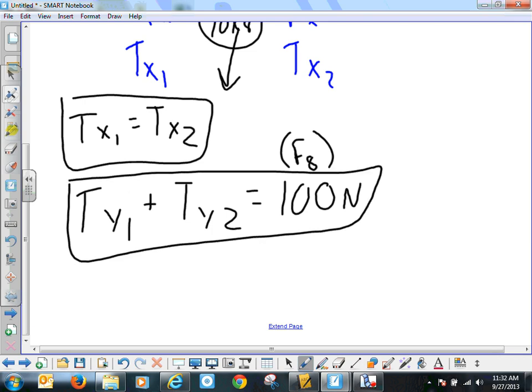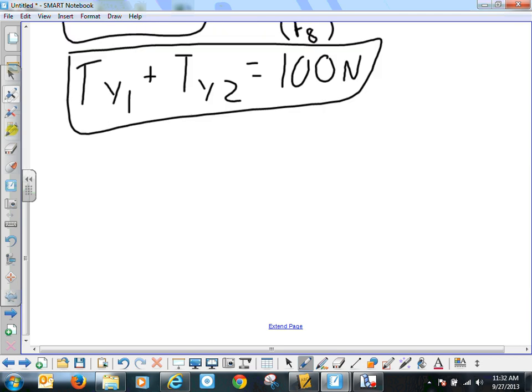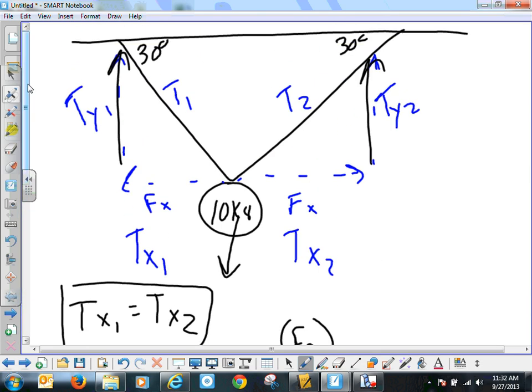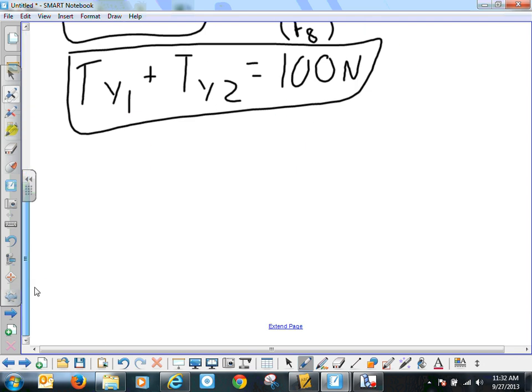Okay, so now what you're going to want to do is get numbers in for this. So if you look at Ty1 up here, well, here's theta here, right? So could you say that Ty1 is sine 30 times T1? Could you say that? Yeah. So then that's what you're going to want to substitute.